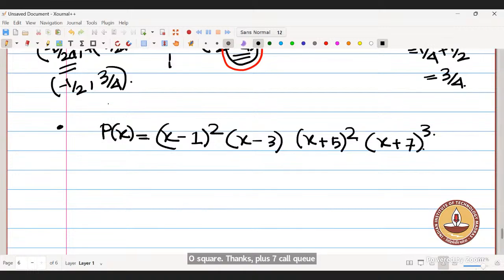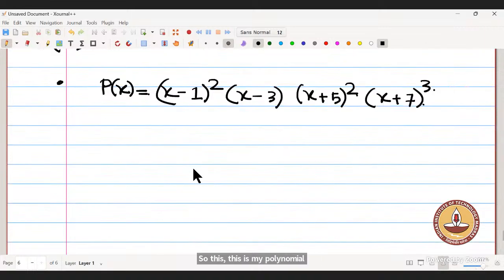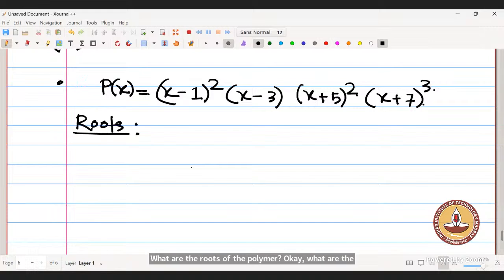So this is my polynomial, and I want to know its graph. The first thing I need to understand is what the roots of the polynomial are.